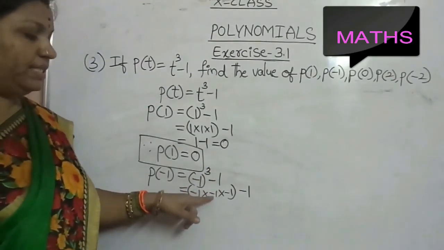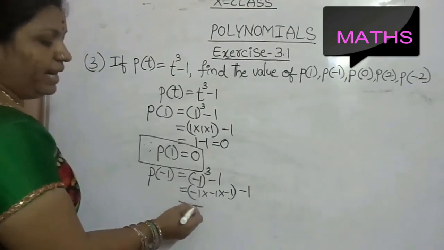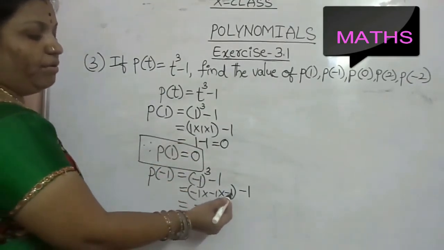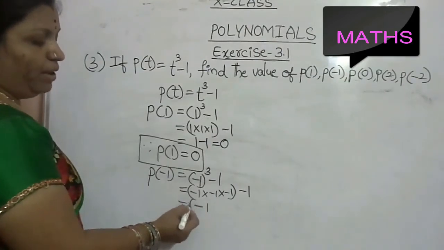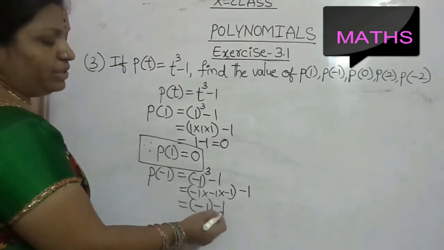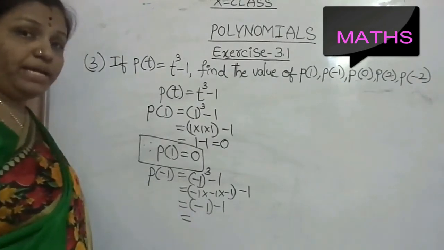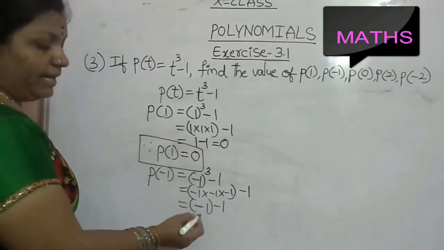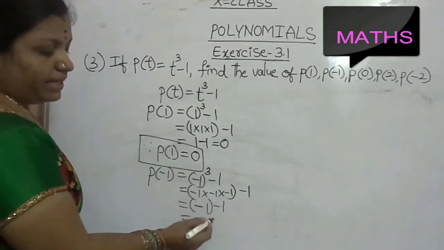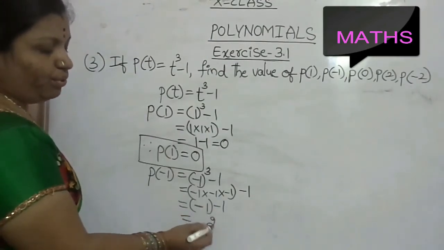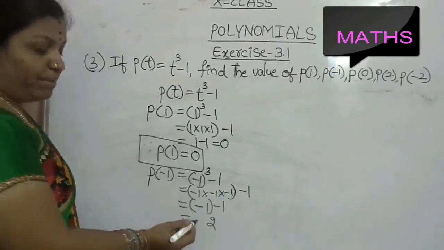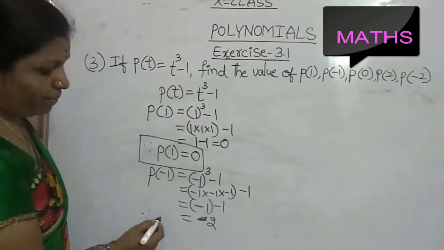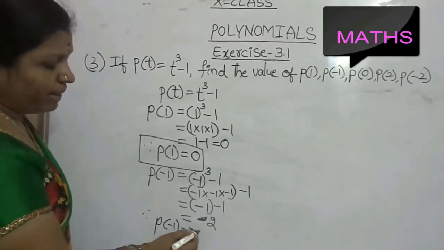Minus into minus is plus, plus into minus is minus. Write the minus symbol and multiply the numbers now. 1 into 1 is 1, 1 into 1 is 1. Totally minus 1, minus 1. Two minus symbols are there. Add them and write the answer. 1 plus 1 is 2, and both numbers have the minus symbol, so that value is minus 2. So p of minus 1 is equal to minus 2.